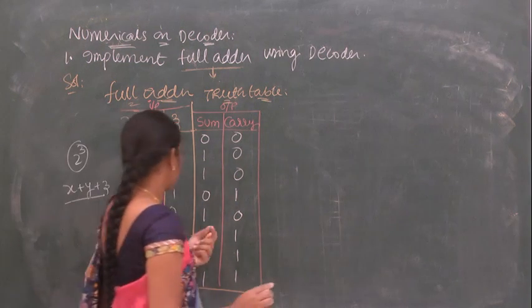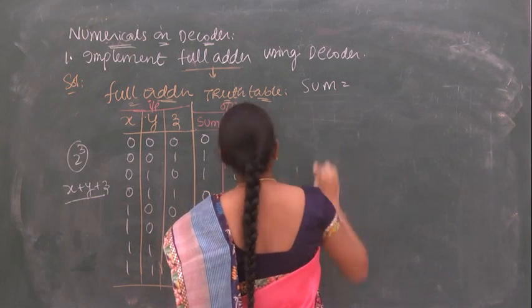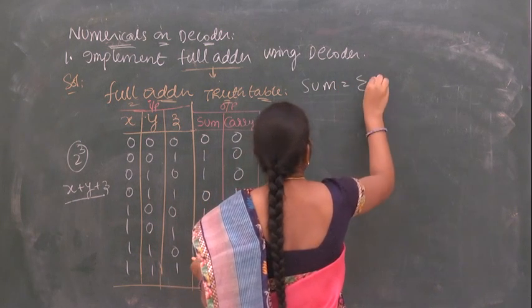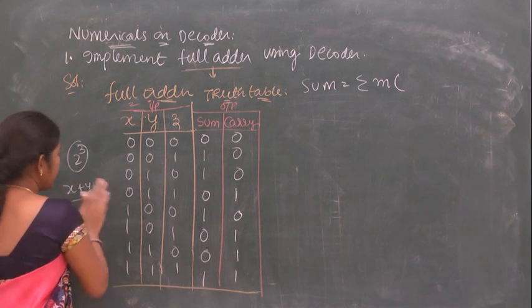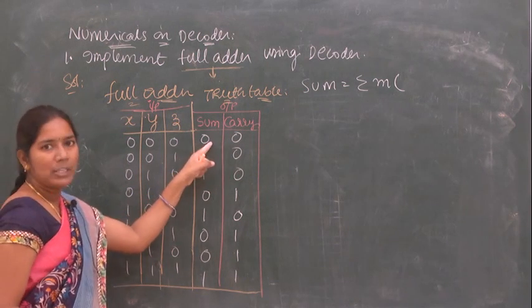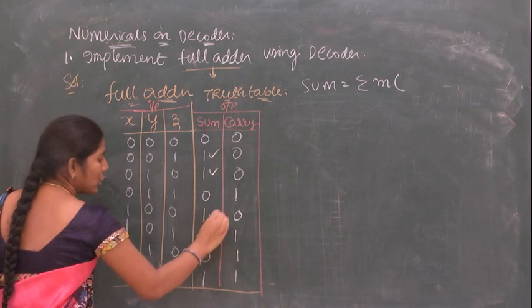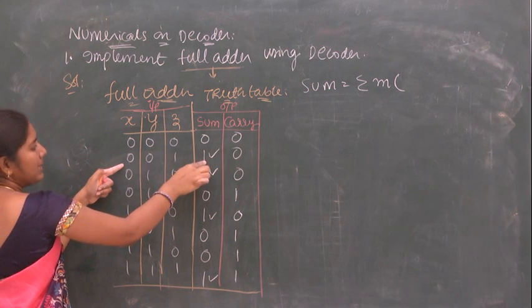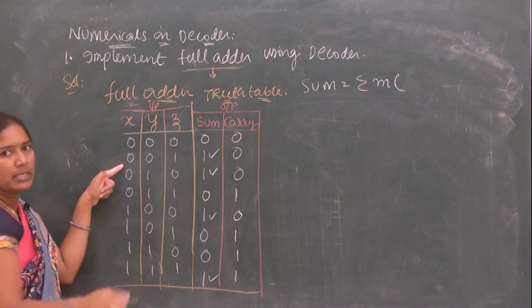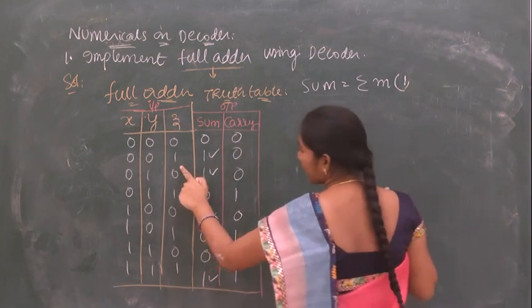Now write these output values in terms of minterms. Sigma m: sum is high only for these combinations. Sum is high for 001, which is 1.